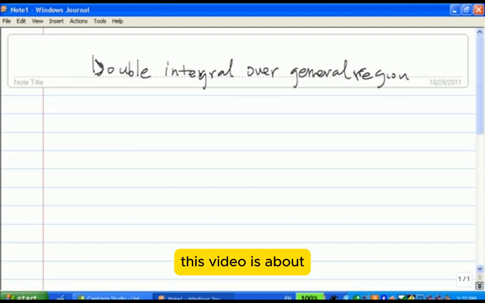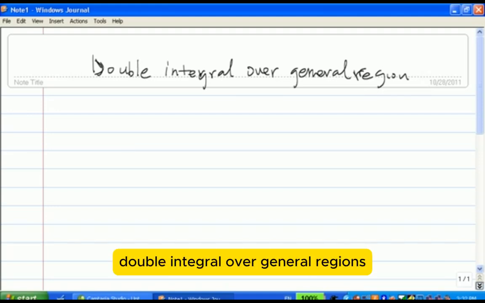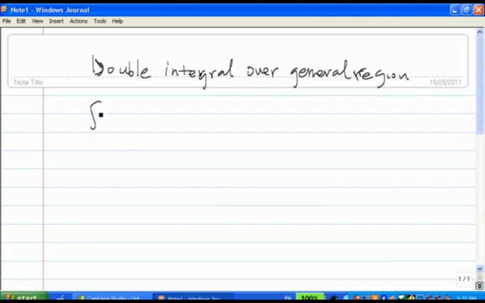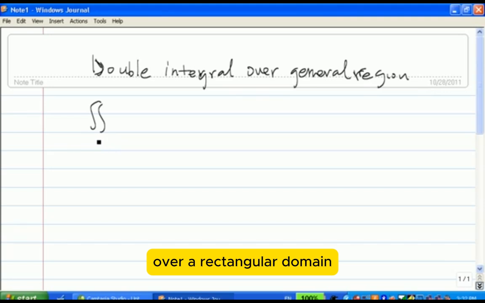This video is about double integrals over general regions. In the previous section, we learned how to compute a double integral over a rectangular domain.